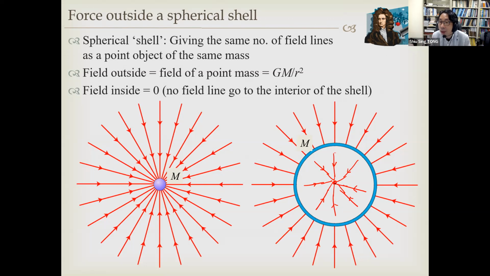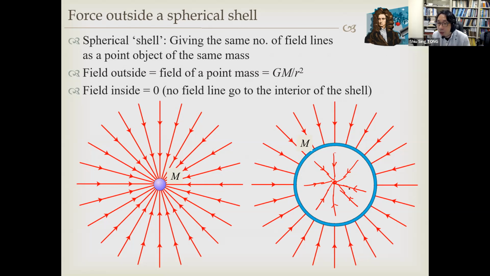But now the shell is empty, which means I do not have a point mass at the center. So it is not logical to say that all the field lines will be converging to the center. That's not possible. And similarly, it's also not possible for the field lines to be diverging out.